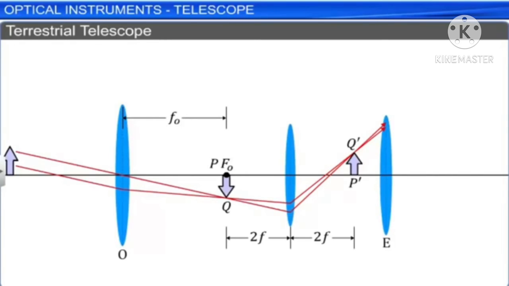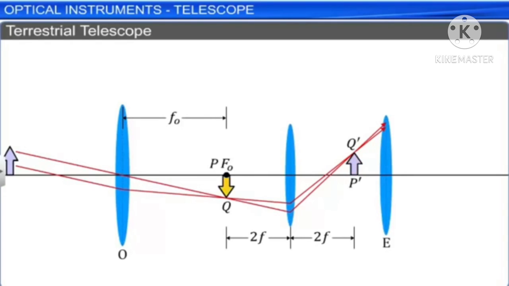It is of importance to note that the image P'Q' is erect with respect to the original object. The size of P'Q' is the same as that of PQ. The lens has merely made an inverted image erect. The image P'Q' acts as an object to the eyepiece.